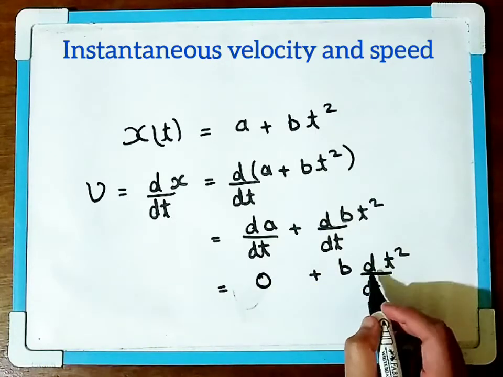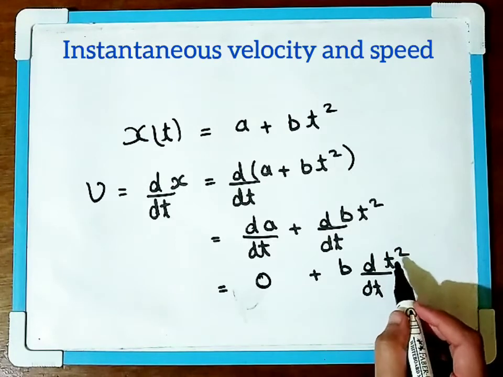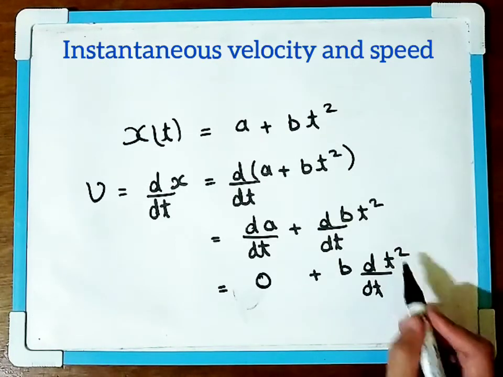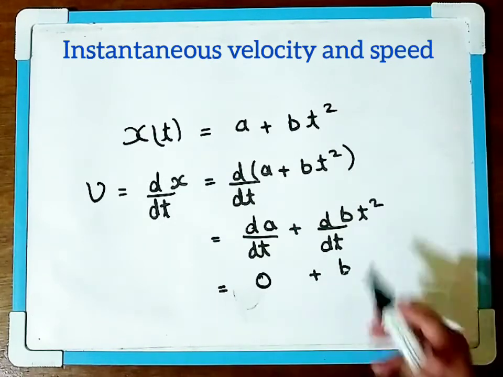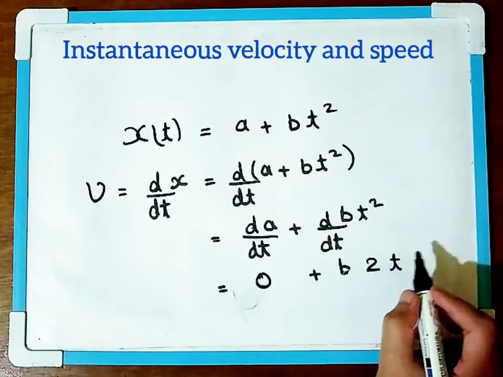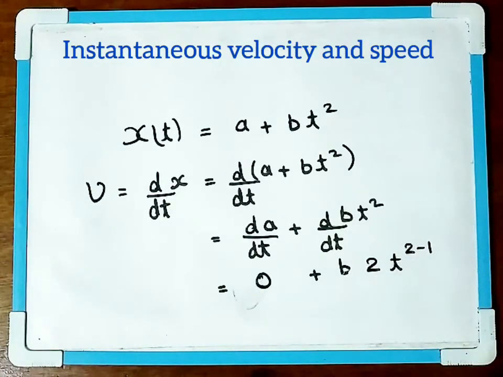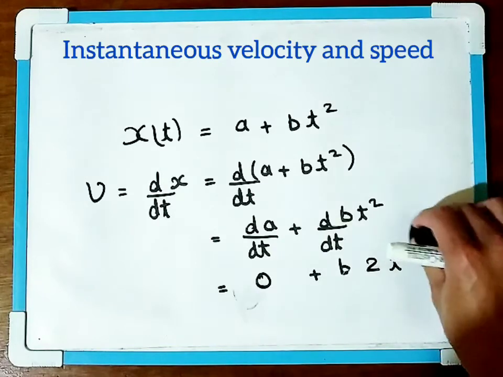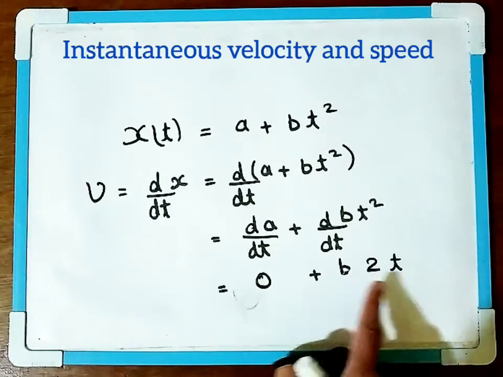And now we're left with b d/dt of t square. Now use the formula from earlier. This is your n. So d/dt of t square will be n, which is 2, t to the n minus 1, so 2 minus 1 is equal to 1. So here your v will be equal to 2bt.